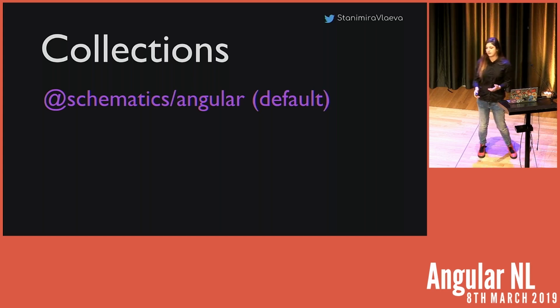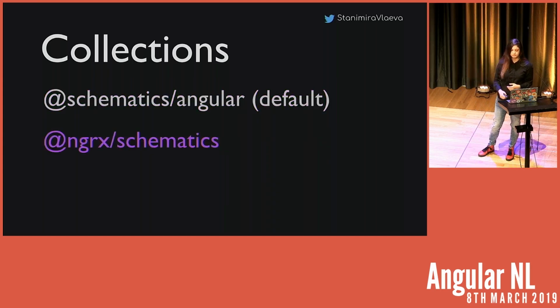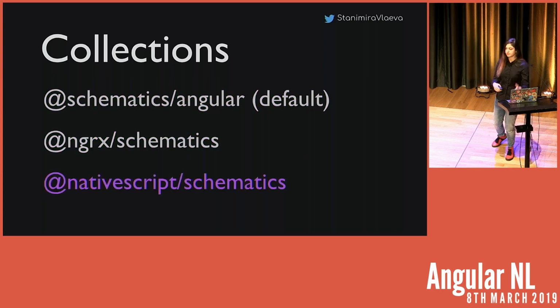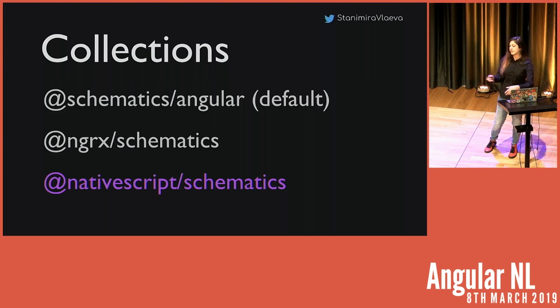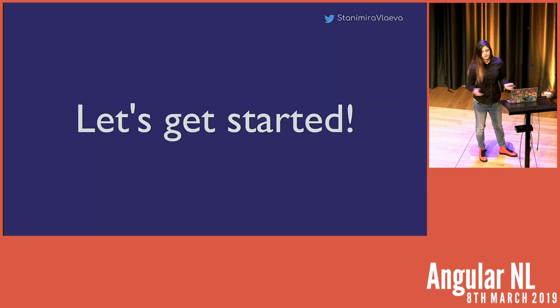But of course, there are other collections that you can use in your Angular project. For example, there are the NgRx schematics, and of course, the NativeScript schematics that I already mentioned, and we saw in the previous talk the Apollo Angular schematics. So basically, any library out there can have its own collection.